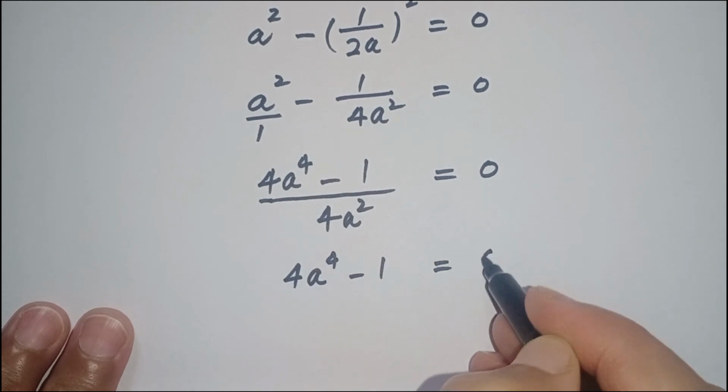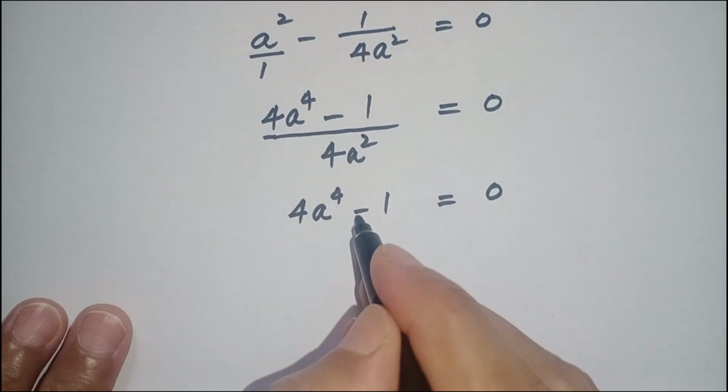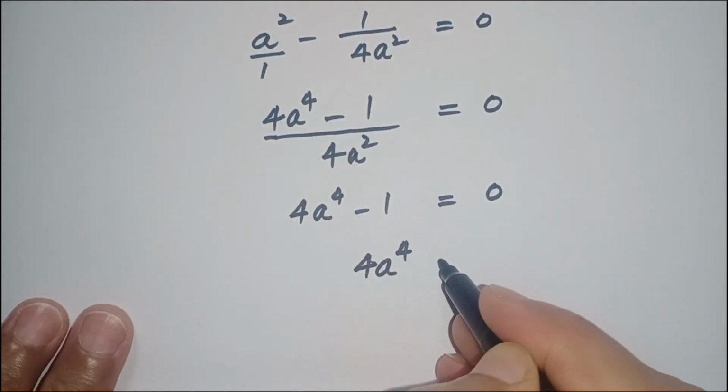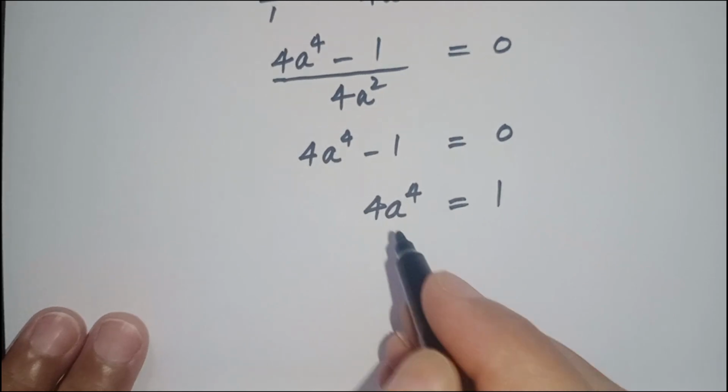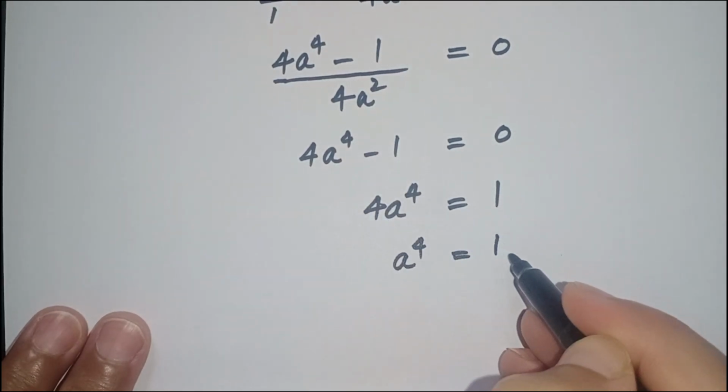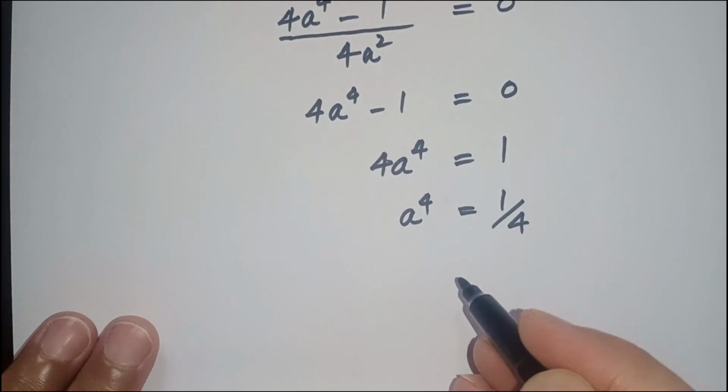So 4a to the power 4 minus 1 is equal to 0, and taking minus 1 to the other side, 4a to the power 4 is equal to 1. Taking 4 to the other side, a to the power 4 is equal to 1 over 4.